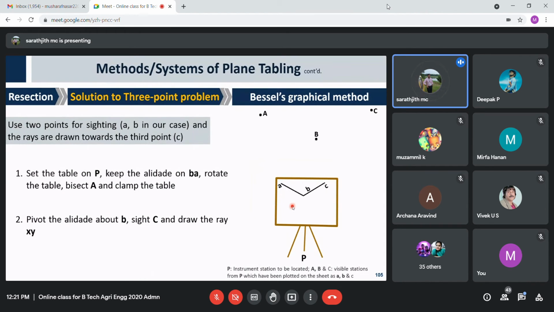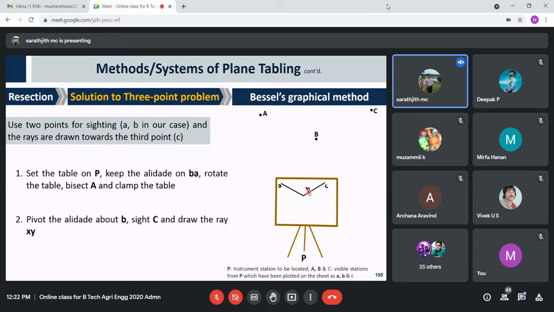In this, again, you will have three stations, A, B, and C. P is the point which you have to plot over the drawing sheet. You have drawn the locations of ABC on your drawing sheet.